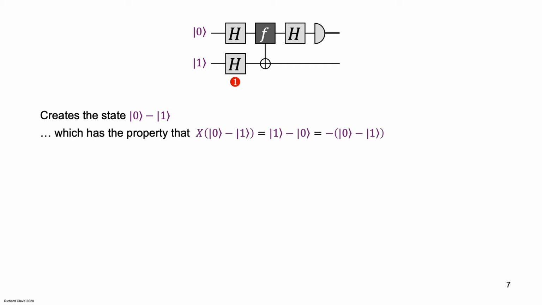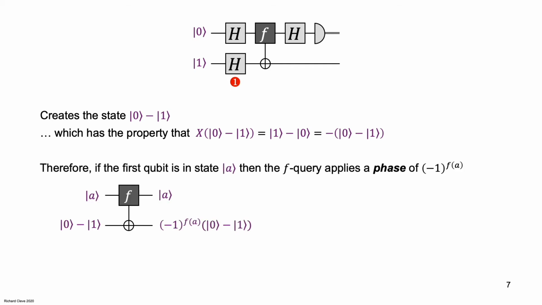What's interesting about this state is that it's an eigenvector of the Pauli X. Performing a bit flip causes the state to pick up a global phase of -1. Therefore, if the first qubit is in a computational basis state ket a, then the phase is (-1) to the f of a. (-1) to the f of a is a shorthand way of expressing +1 when f of a is 0 and -1 when f of a is 1.